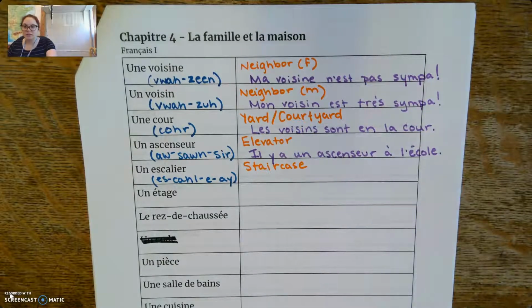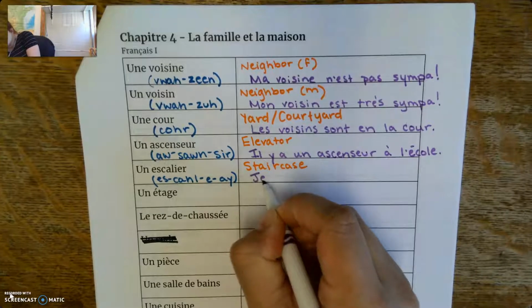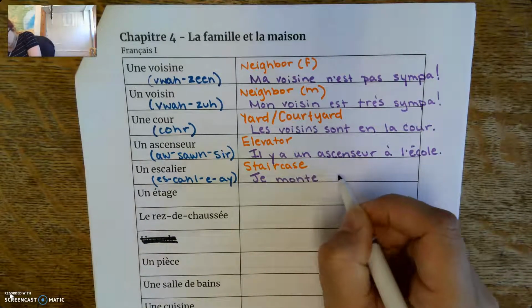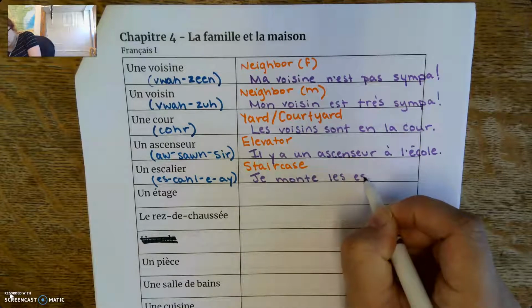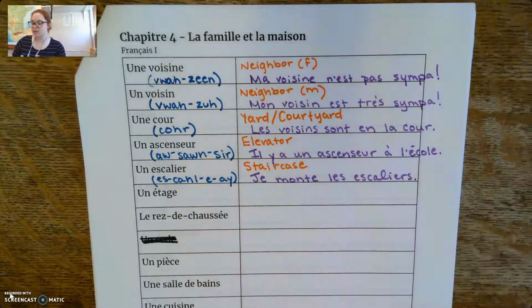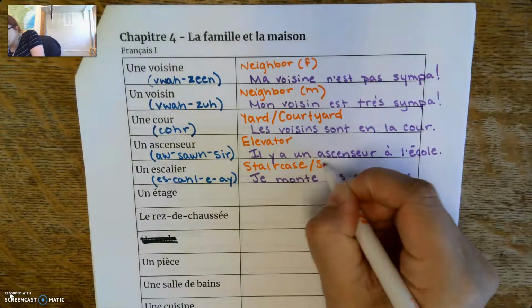So an example sentence here might be je monte les escaliers. I go up the stairs or the staircase. So this can mean both staircase and stairs.